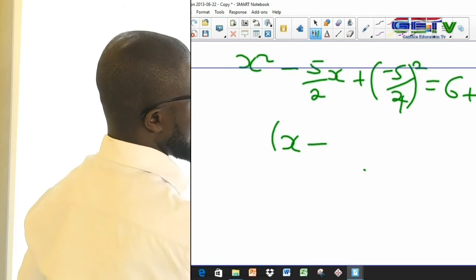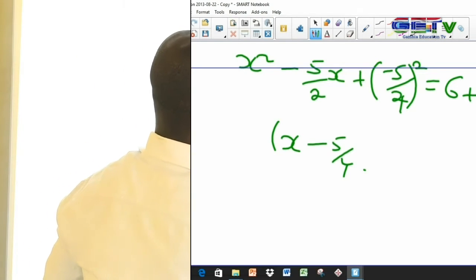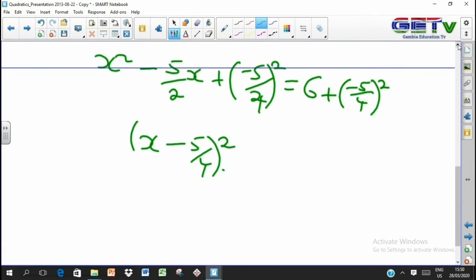So that's going to be x minus 5/4 in bracket all squared equals 6. If you square a negative number in bracket, the result is always positive. So that will give us 6 plus 5 squared, which is 25, all over 4 squared, which gives you 16.